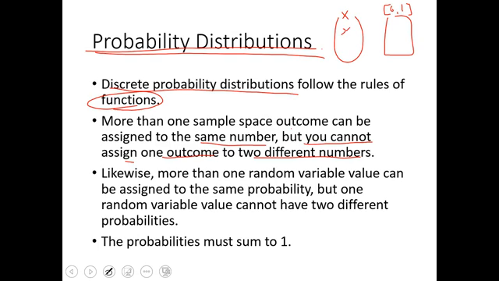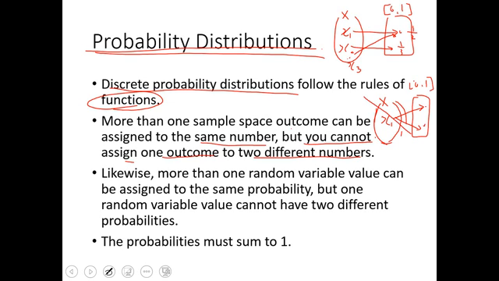Then x1 can go to some number, for example 1 over 2, and x2 can go to 1 over 3, and x3 is mapped to this point. But some x cannot be assigned two numbers. It is impossible. That is what the first sentence means.